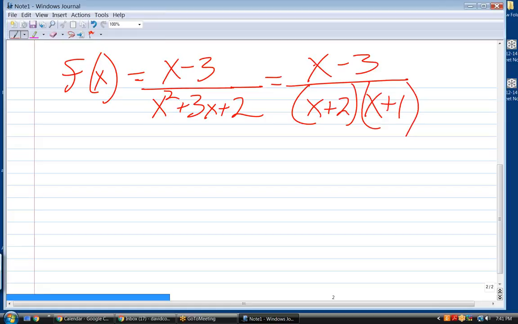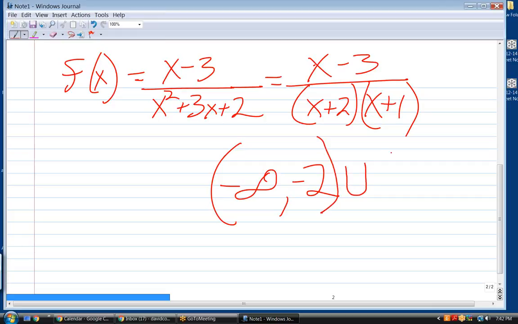Negative infinity to negative 1, union 1 to 2, union 2 to infinity. Good. In other words, x can be anything except, did you have minus signs in front of that? I don't think you did. In other words, it's negative infinity to negative 2. Negative 2 is what makes the denominator 0, right? Yes.